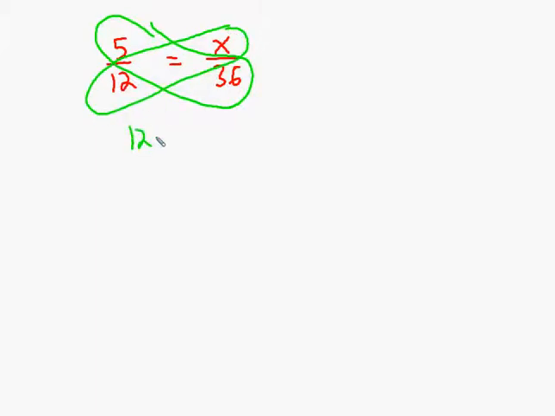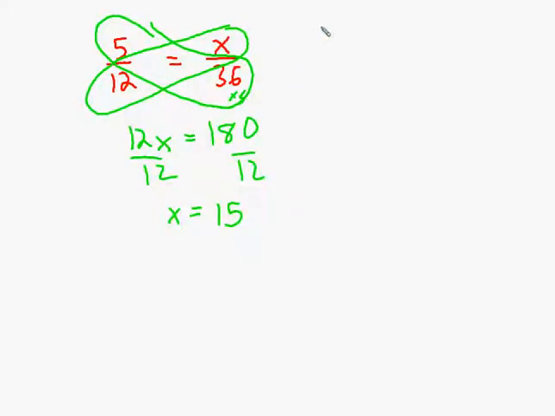And we get 12x equals 180. Divide by 12. And what do we get? X is 15.